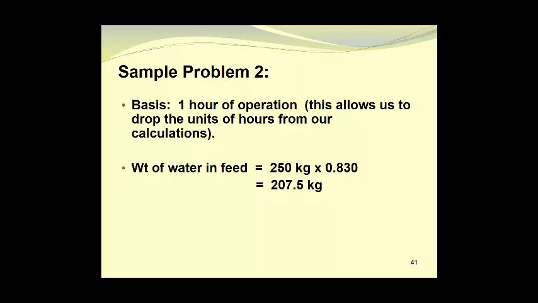The weight of water in the feed will be 250 kilograms times 83% as a decimal fraction, and we find that there are 207.5 kilograms of water in the feed material. The weight of solids in the feed will be 250 kilograms times 17% solids, or 42.5 kilograms of solid material.